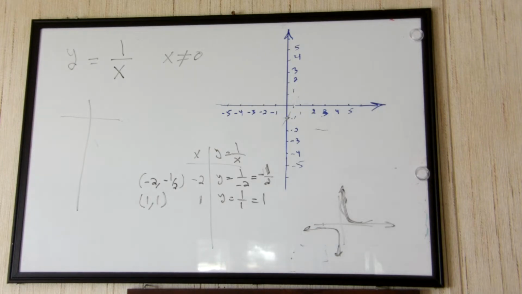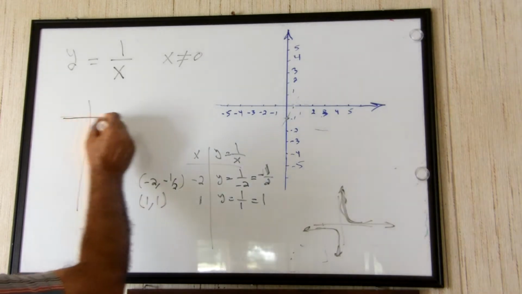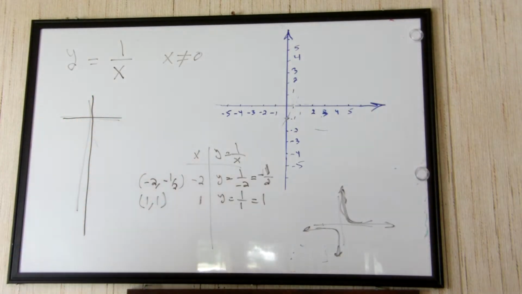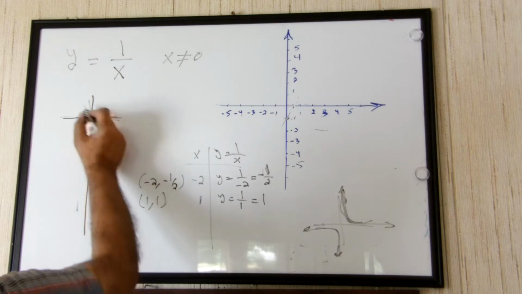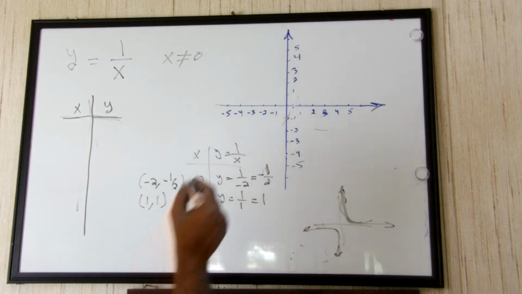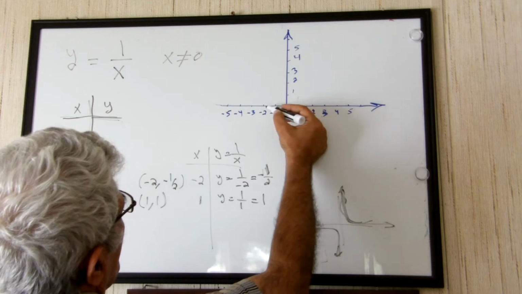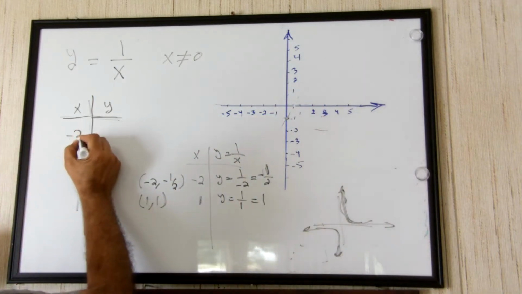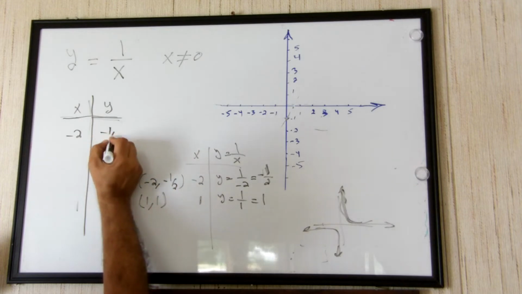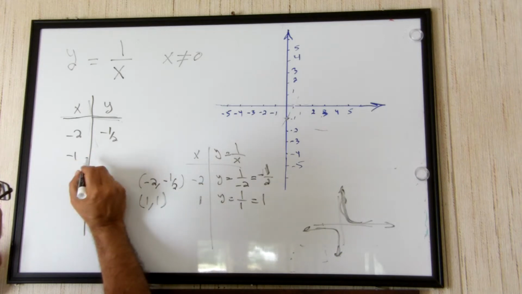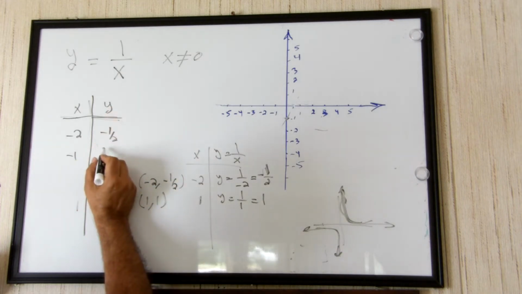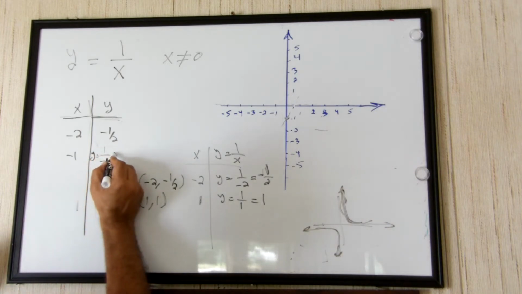So we give a value to x and find y. I said we give values to x here, starting from minus 2. The answer was minus 1 over 2, and then x is minus 1, y is 1 over minus 1, y is equal to minus 1.